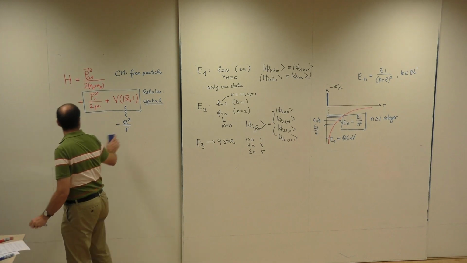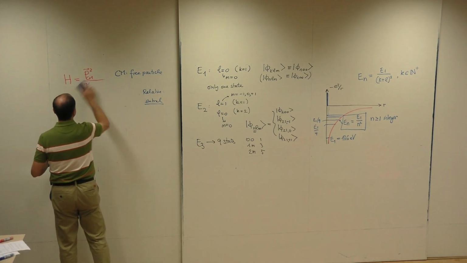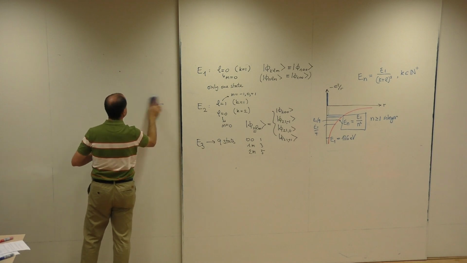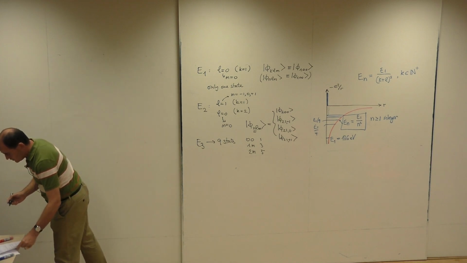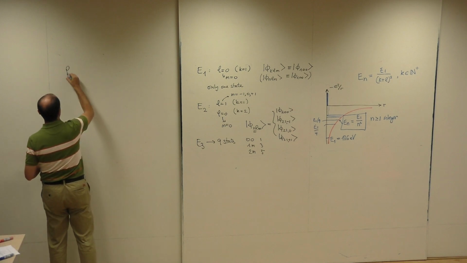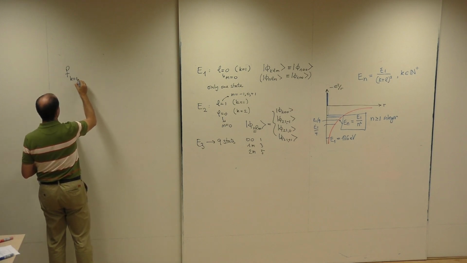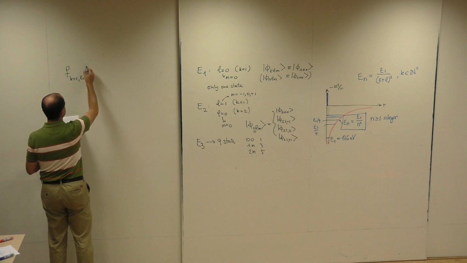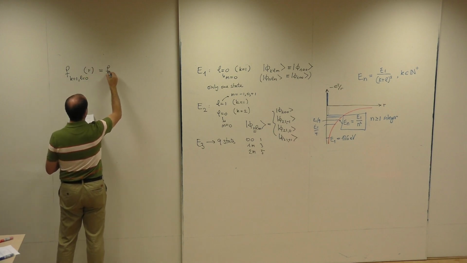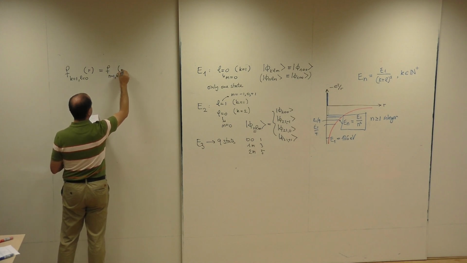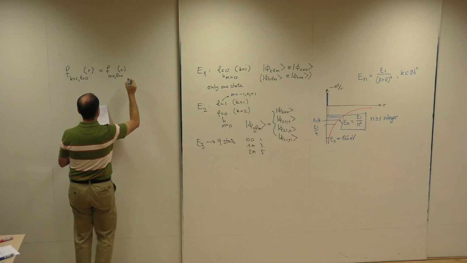Okay, I will write it here. The radial wave function f k equal 1, L equal 0 of R, in other words, the f n equal 1, L equal 0 of R. This looks like this.